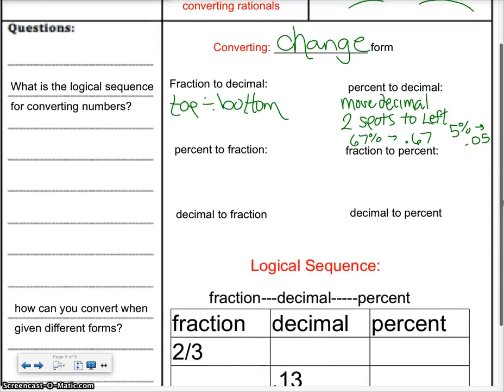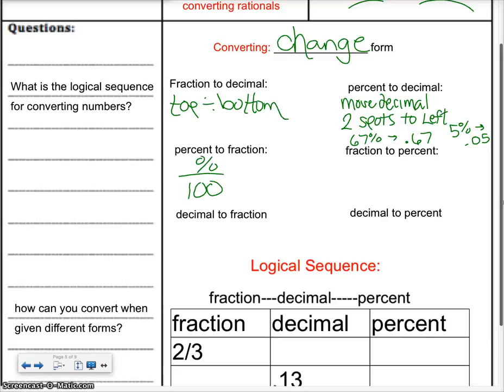How do you turn a percent to a fraction? Put the percent over the place value, which is, what's a perfect percent? 100. Every percent is over 100. So the percent number over 100.